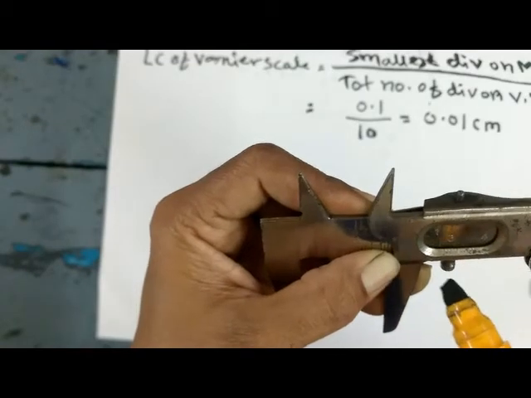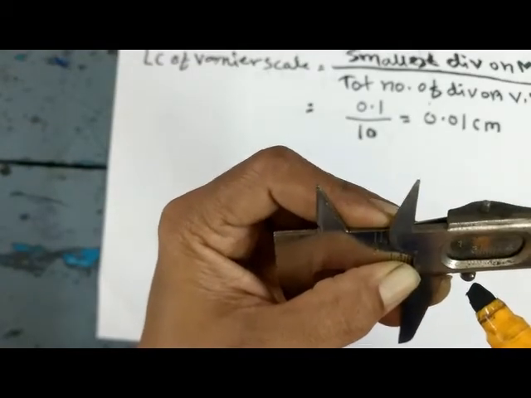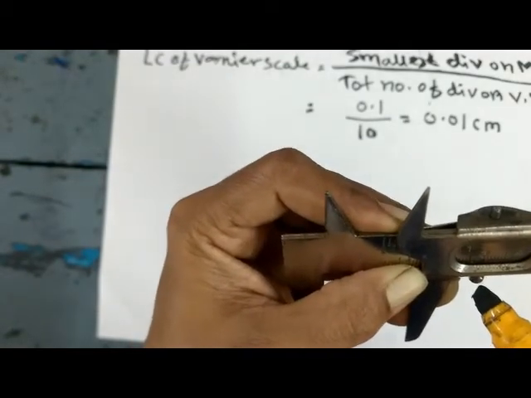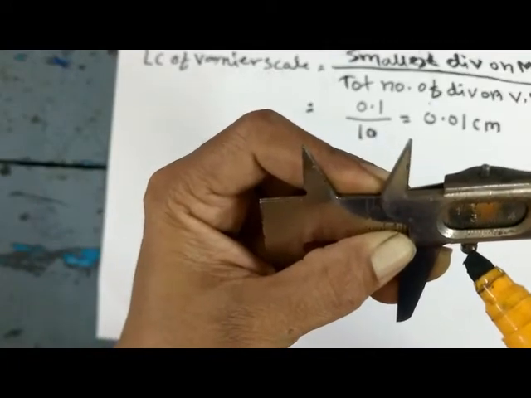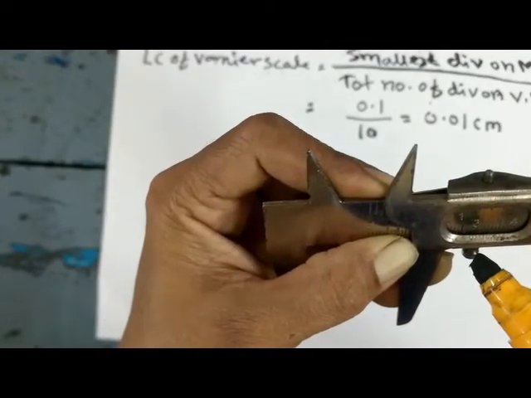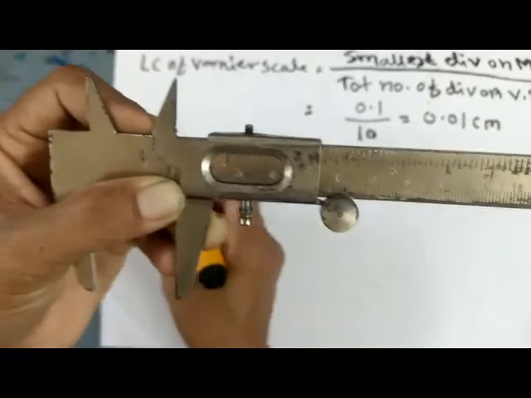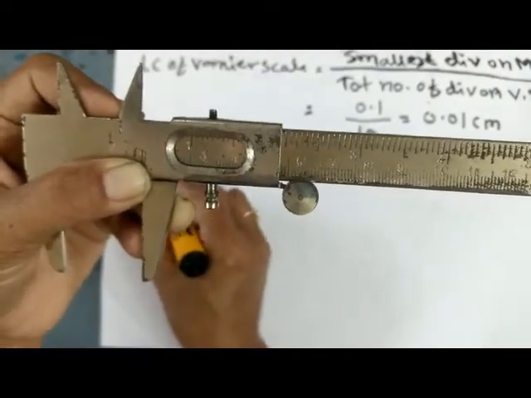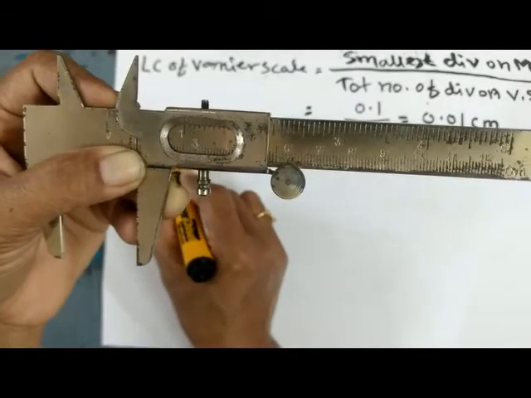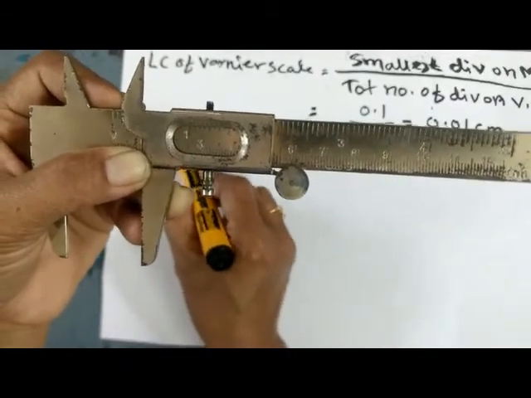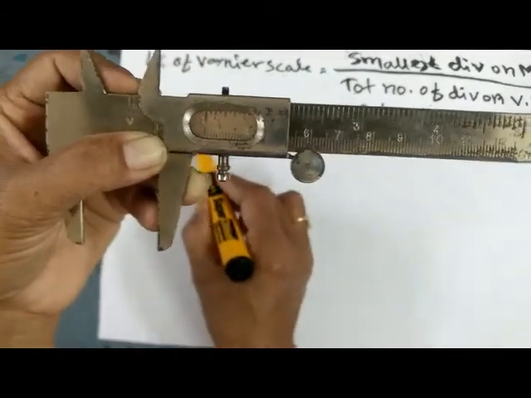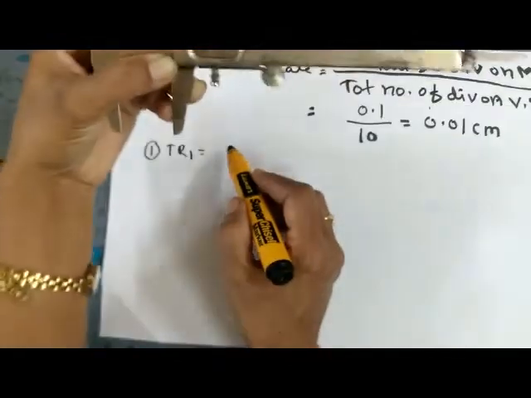The first line coincides between 2.6 and 2.7, so we take the line that is backward. So the first reading is, MSR is 2.6.